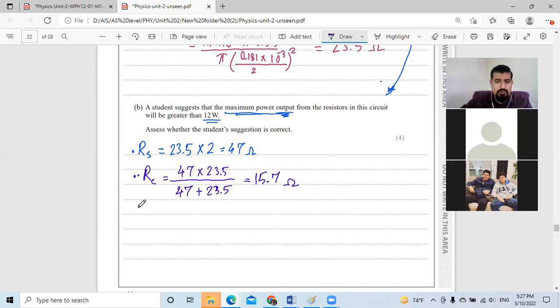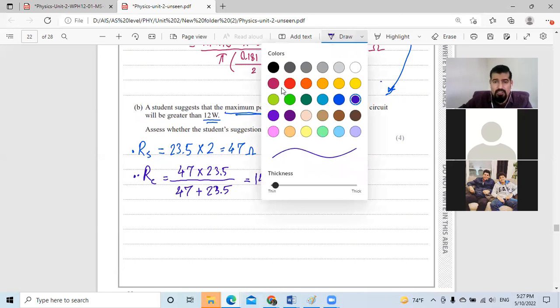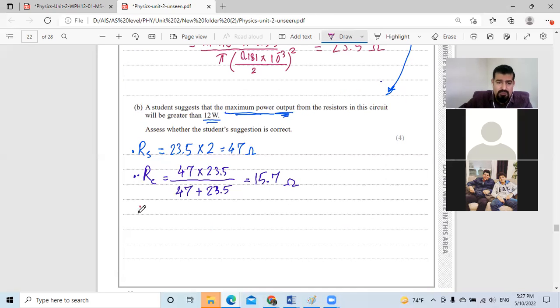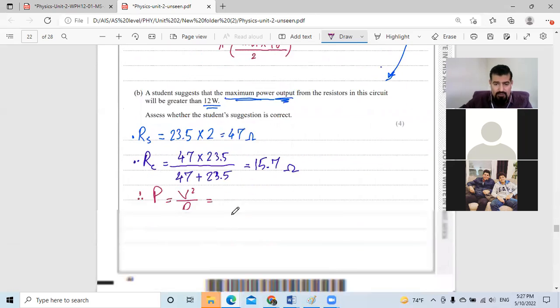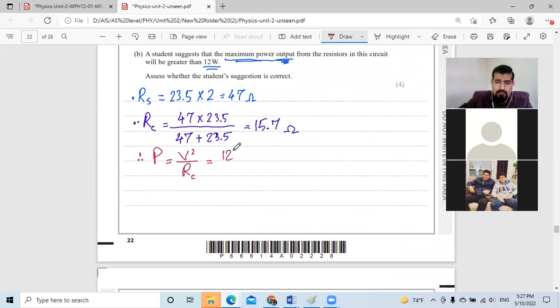Now I'm finding the power, and the power can be found in several ways. So I will use the power with the combined resistance here, which is equal to V squared divided by R total, or R combined. So the voltage here is 12 volts, 12 volts squared divided by 15.7.